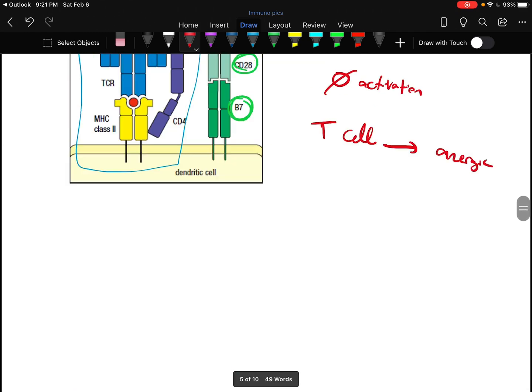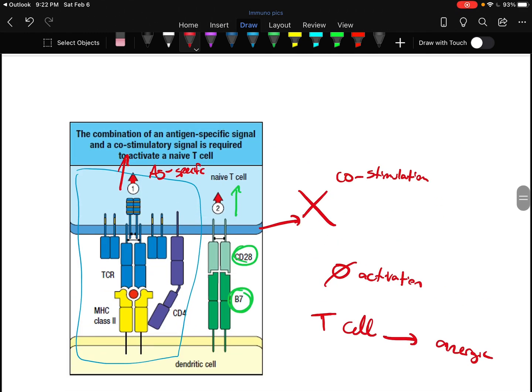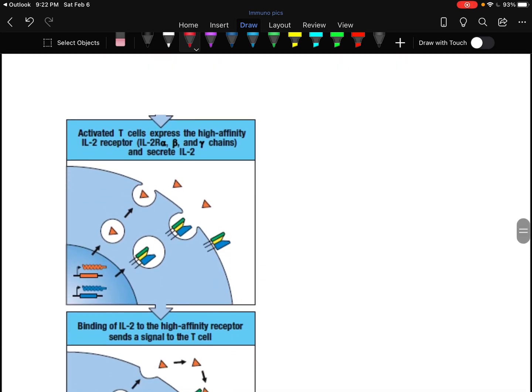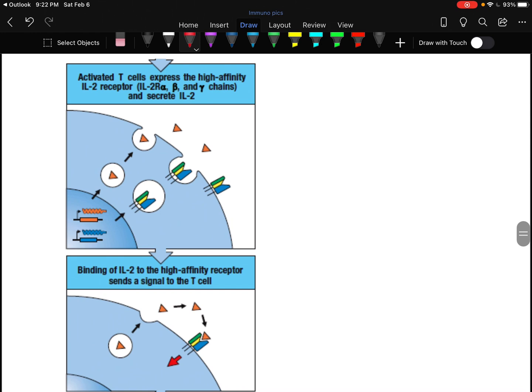So what happens after co-stimulation occurs? Well, then the T cell starts to express high affinity interleukin-2 receptors, and that's these guys right here. They're high affinity. You can see that they're just the right shape for this cytokine here. And what is this cytokine? It is interleukin-2.